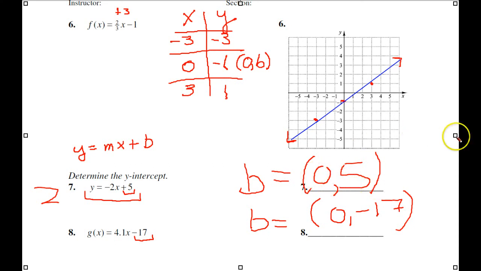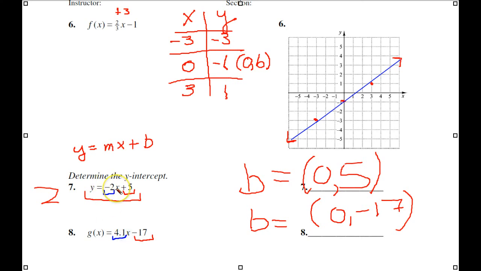Now on a test, I'll usually accept it in either form, just the y-intercept or in its proper form. Now what they're not asking you here, and it's something I could ask, is what would be your slope? Well, your slope here is the numerical coefficient of x, which is a negative 2. And here the slope is a positive 4.1.